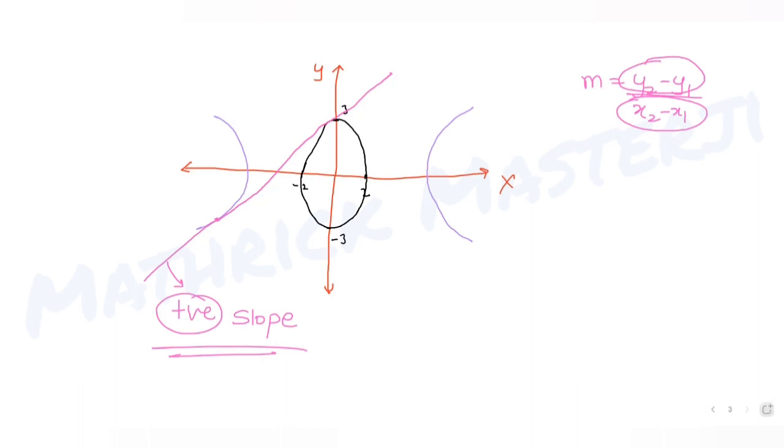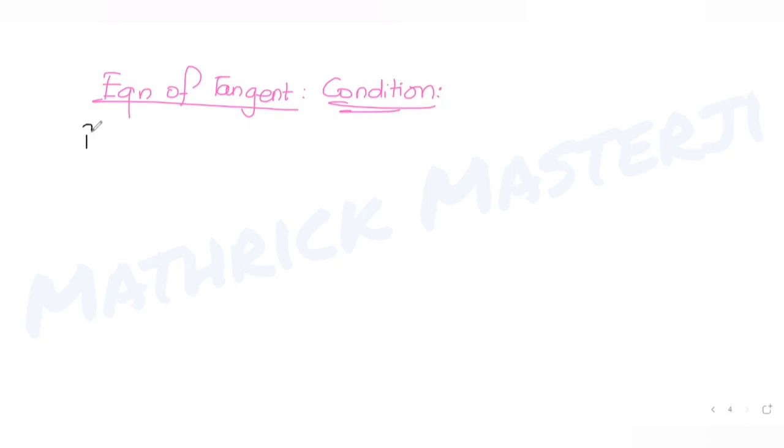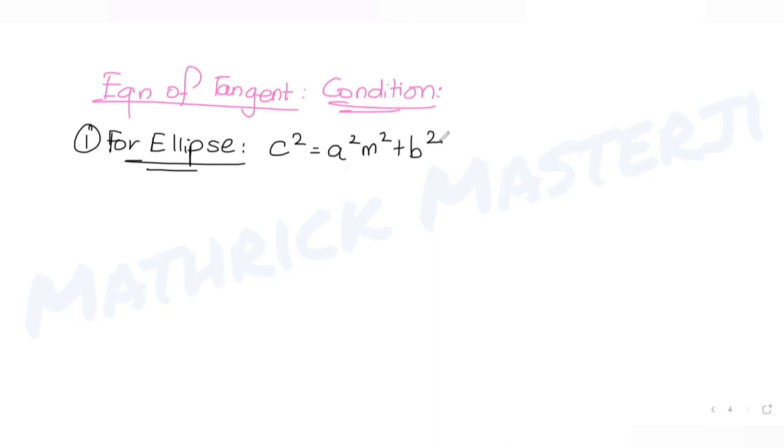Now let's talk about the equations of tangents to these curves, ellipse and hyperbola. For tangents, we have one condition for each of them. First, for the ellipse, we know the tangent condition is c square equals a square m square plus b square.